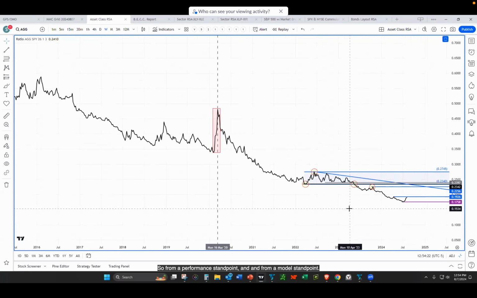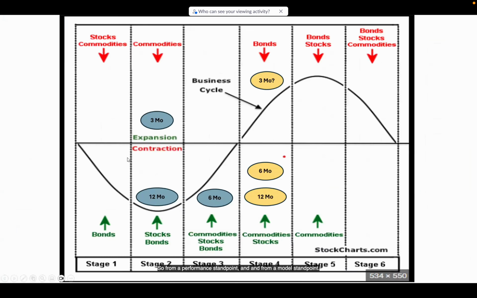So from a performance standpoint and from a model standpoint, going back to this, if we were in a situation where, for instance, we're going into a stage 5 or we're going into a stage 6 or even a stage 1 where bonds should be up but stocks are down, I would also expect to see that ratio is turning higher for bonds versus stocks.